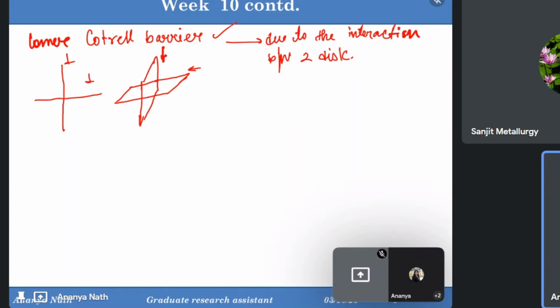Now, due to the interaction, both are edge dislocations. If I draw a symbol like this, it is the symbol for the extra half plane, and this is the symbol for the direction of movement of that dislocation. If it's a one-dimensional direction, then it must be an edge, and if there are two types of direction, like one rotational and another axial movement, then it must be a screw.